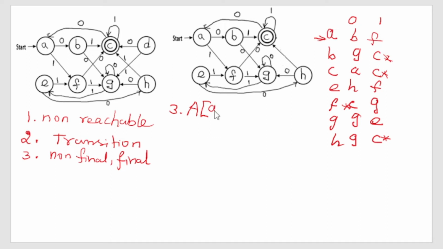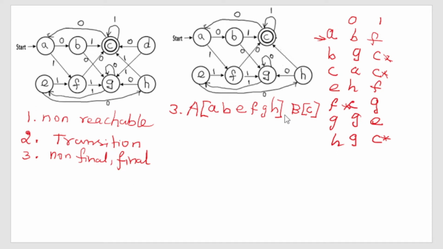The non-final states are A, B, E, F, G, H, because C is the final state. Let me name the set with the only final state as C. So there are two different groups: the first is the set of all non-final states, and the second is the set of all final states.